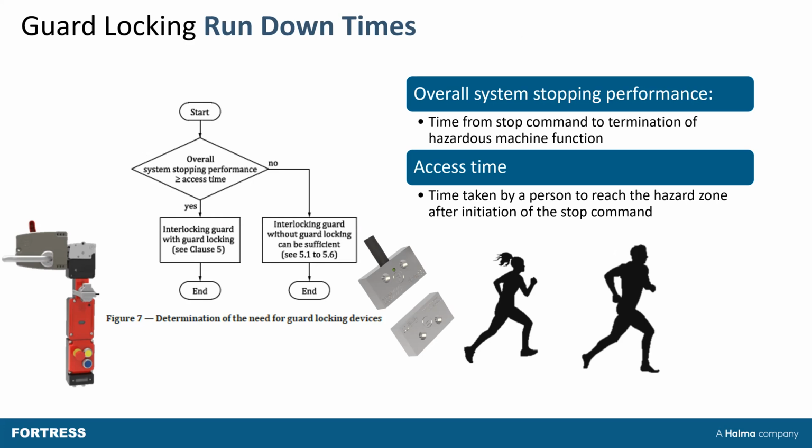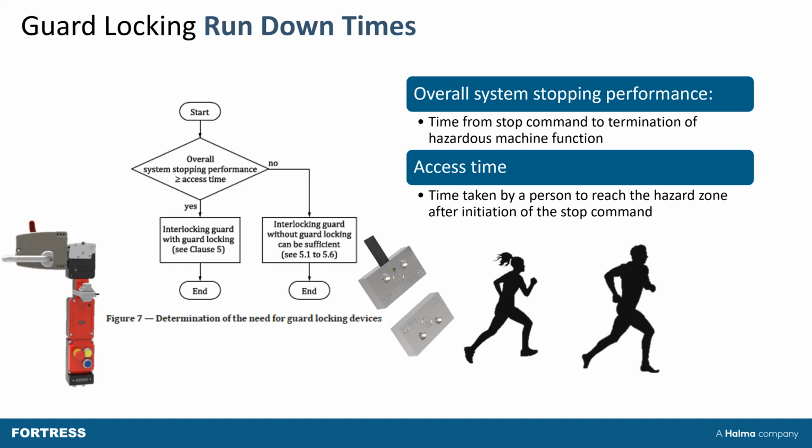So that's basically if you open the gate, which immediately sends a stop signal to the machine, and by the time you reach the machine it is in a safe state or the hazardous motion has ceased, then you don't need guard locking.